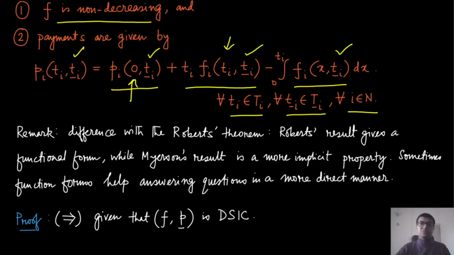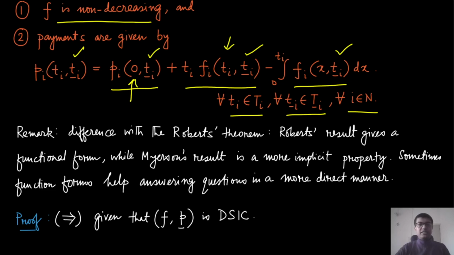The social choice function that was being implemented is a deterministic rule, argmax, while this is a randomized rule. But even beyond that, Roberts' theorem is giving a functional form. It is giving an affine maximizer as the outcome.